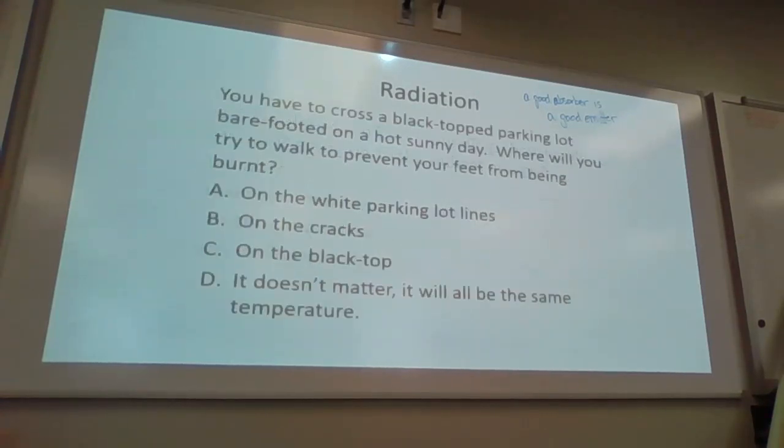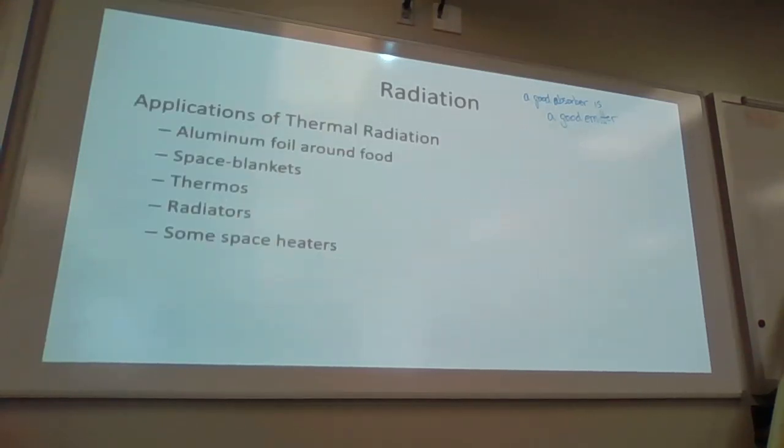Some examples of this would be wrapping aluminum around food to keep the heat in. Great question, because it's a good thermal conductor, and so it's able to dissipate that heat out into the environment.